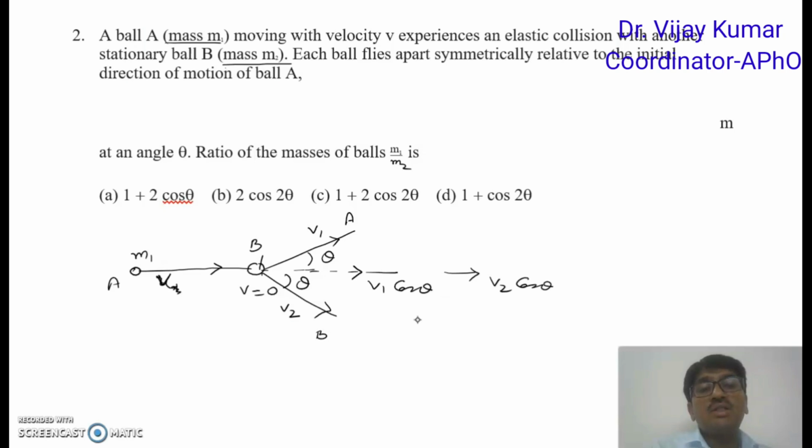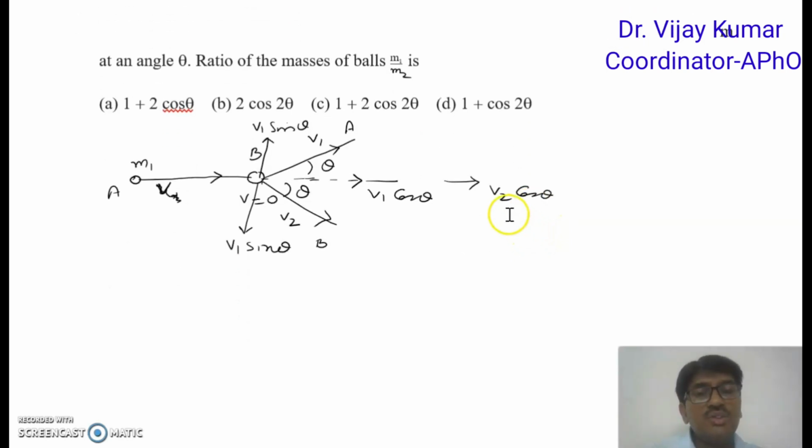In the vertical direction, the component of v1 is v1 sin theta, and the component of v2 is v2 sin theta. As it is an elastic collision, we know there is conservation of linear momentum and conservation of kinetic energy.